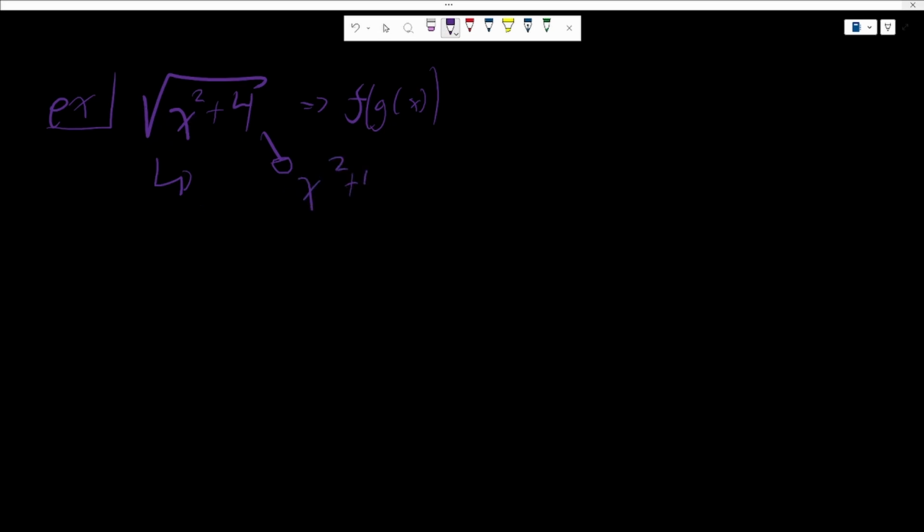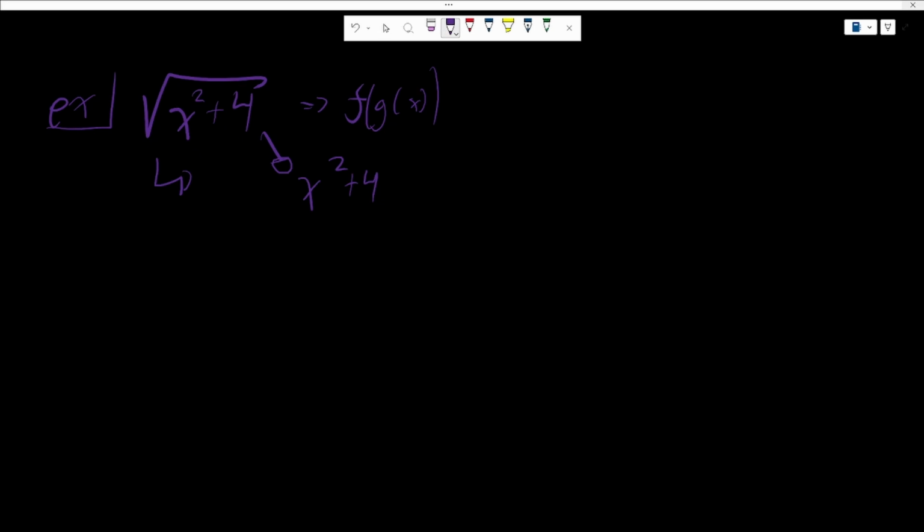So let's look at the function square root of x squared plus 4. In order to find the derivative using the composite function f of g of x, we need to first see which two functions we're using for our f and our g of x. So on our inside, we have our function x squared plus 4.